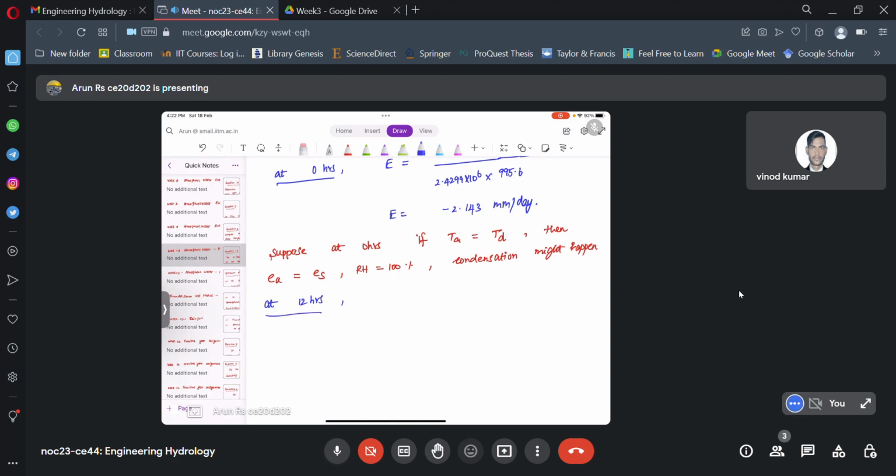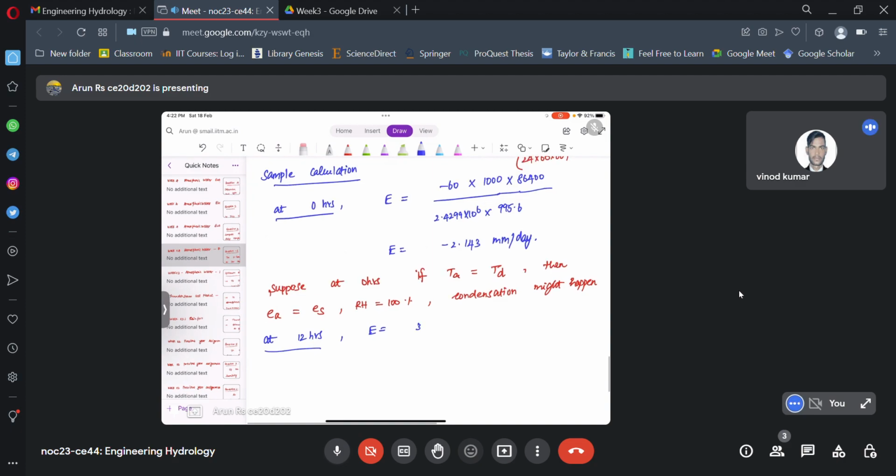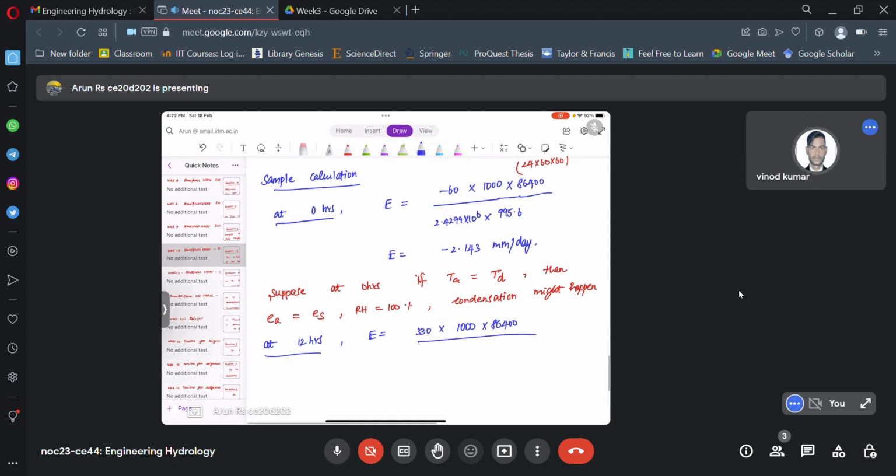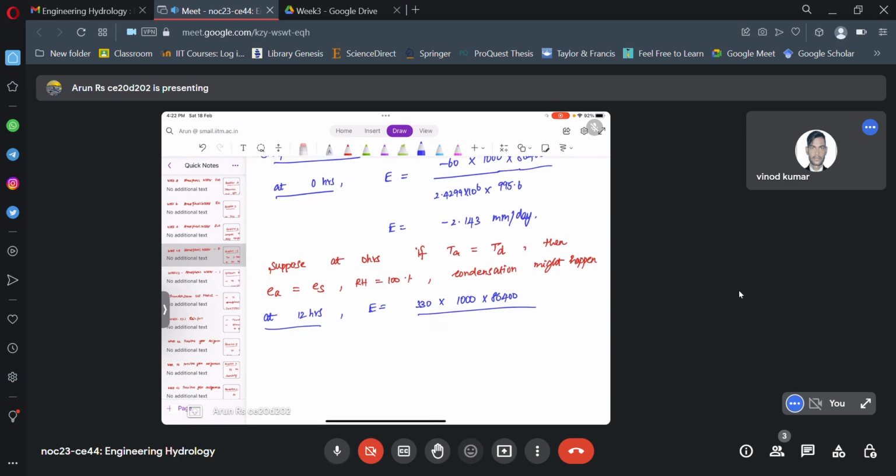At 12 hours, E is equal to 330 is the radiation, so I'm writing the conversion unit, divided by 2.4181 into 10 power 6 into density 994.